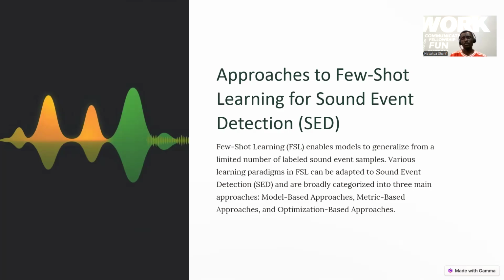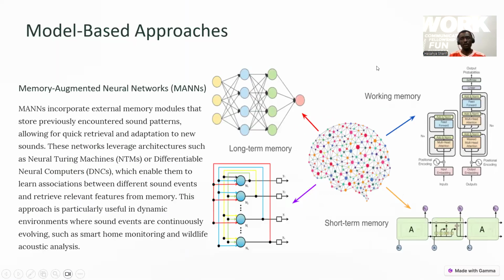So to begin with, model-based approaches, we have the MANs, which are short for memory augmented neural networks. So these are memory augmented neural networks. There are various models which use external storage to facilitate the learning.